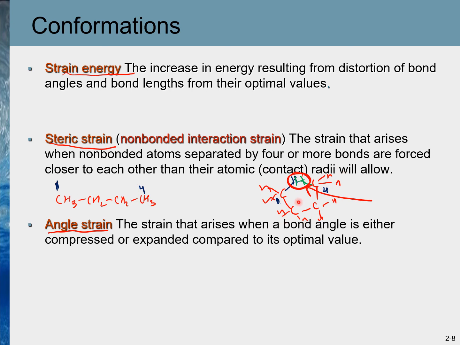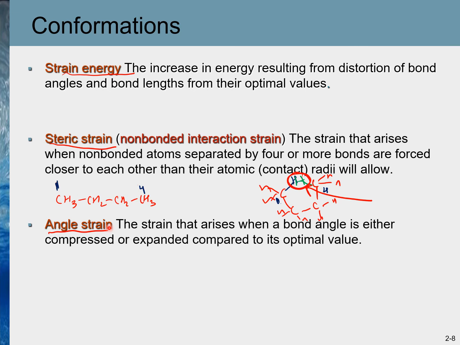And this kind of strain is known as steric strain or non-bonded interaction strain, or it's also known as van der Waals strain. And remember, these two hydrogens, the one connected to number one carbon, the other connected to number four carbon, are separated by four or more bonds.